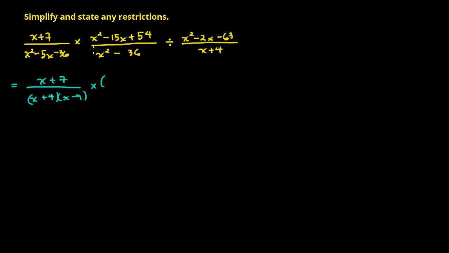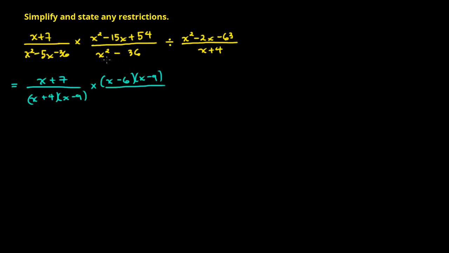I need to find two numbers that multiply to 54 and add to negative 15. So this would factor to x minus 6 and x minus 9, because negative 6 times negative 9 is 54, and negative 6 plus negative 9 is negative 15.